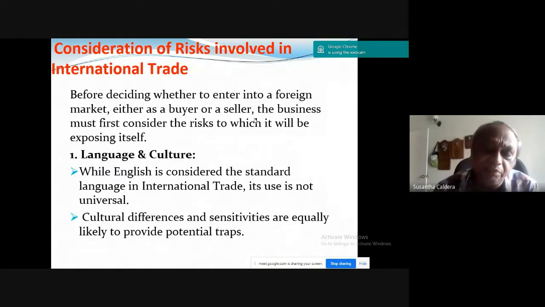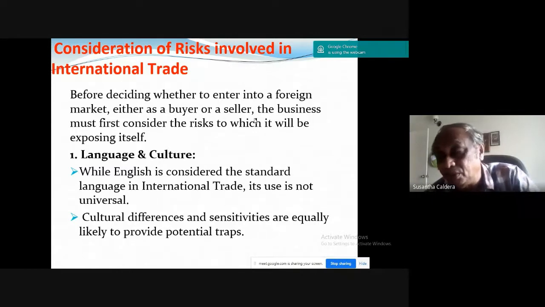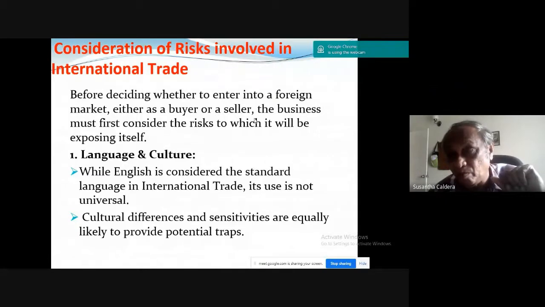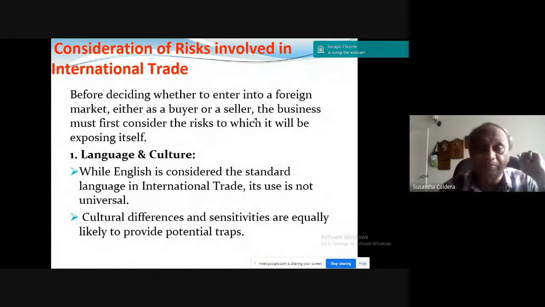Some customers have lost millions and millions, and because of that, some have gone bankrupt. So this is a very serious situation. Very, very serious situation.